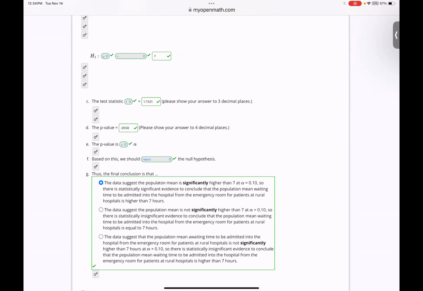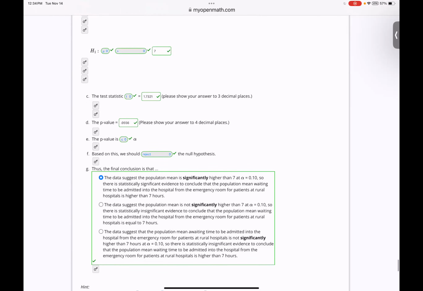The data suggests the population mean is significantly higher than 7 at alpha equals 0.1. So there is statistically significant evidence to conclude that the population mean waiting time to be admitted into the hospital from the emergency room for patients at rural hospitals is higher than 7 hours. It would be the first one.